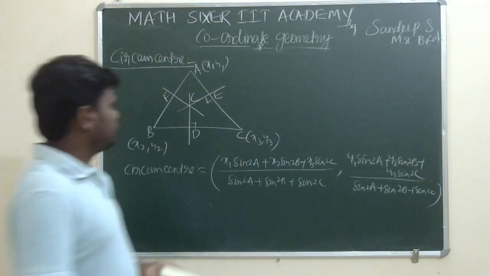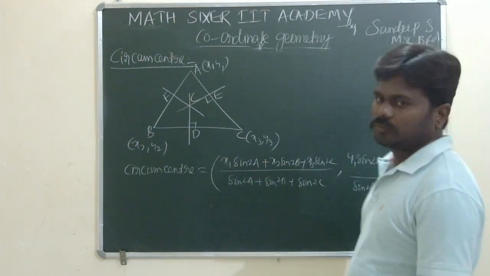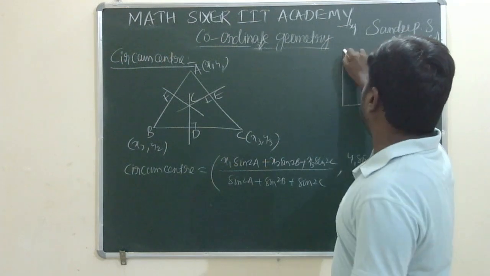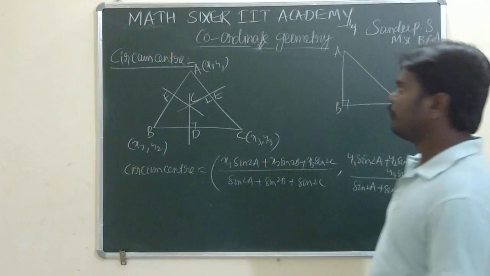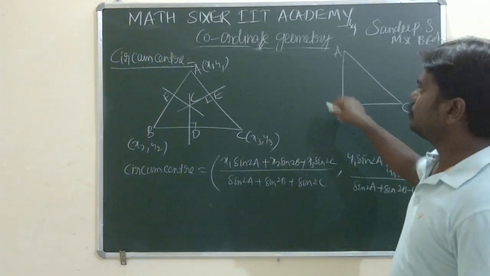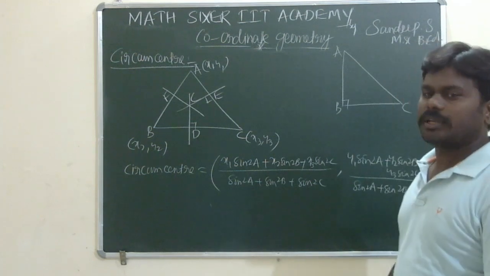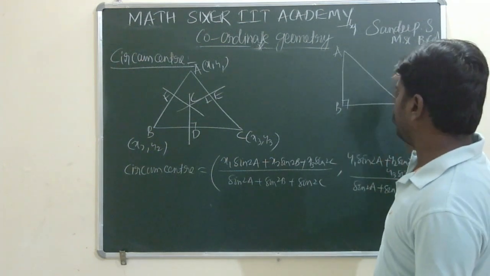Now, in the case of a right triangle ABC, right angle at B, what is the circumcenter? Here we have to draw the perpendicular bisectors for the sides BC, AB, and also AC.